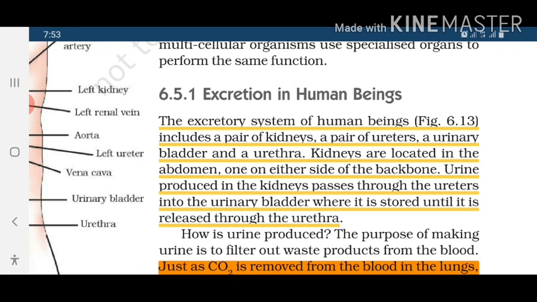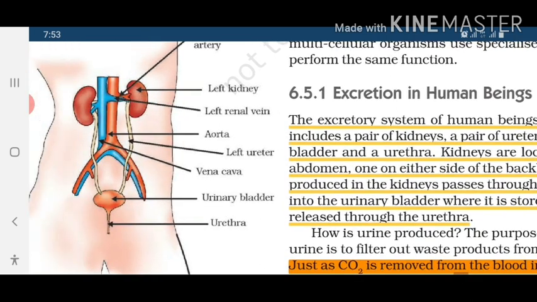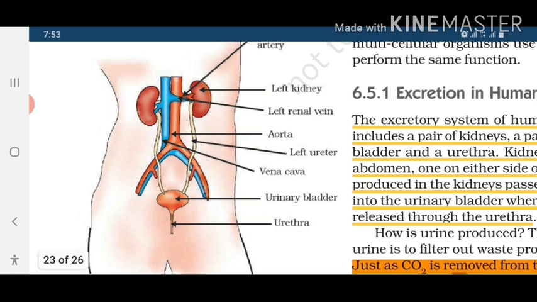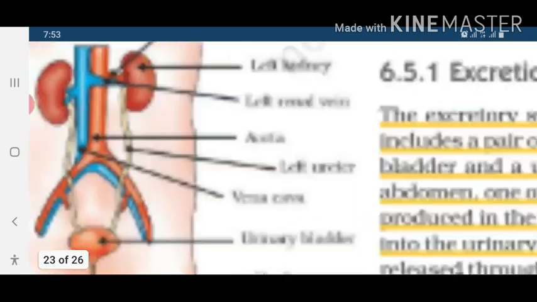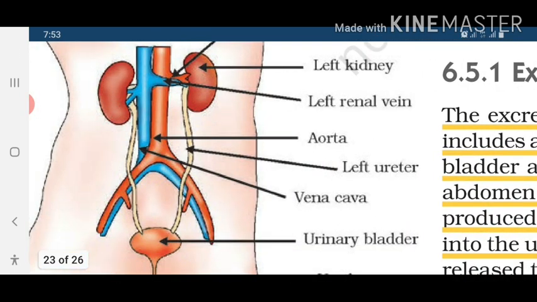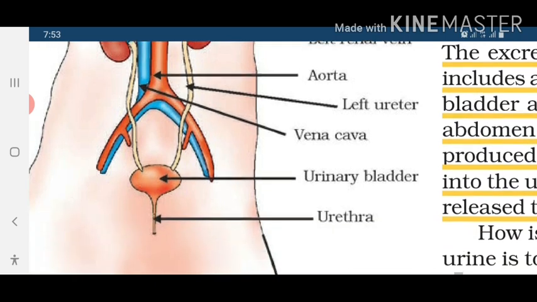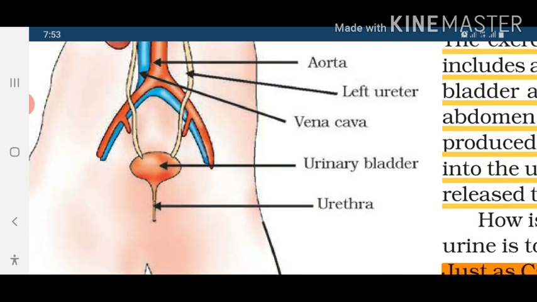Urine that is produced in the kidneys passes through the ureters into the urinary bladder, and it is stored in urinary bladder until it is released through the urethra. It is clear from the diagram that there are 2 kidneys in excretory system, from which ureters come out of the kidneys, connecting them to the urinary bladder, and urine is released through the urethra.